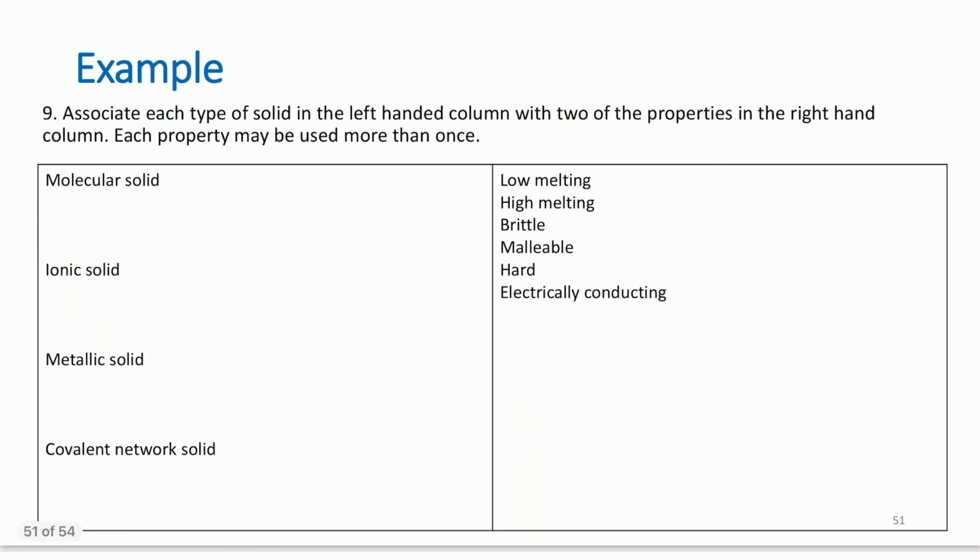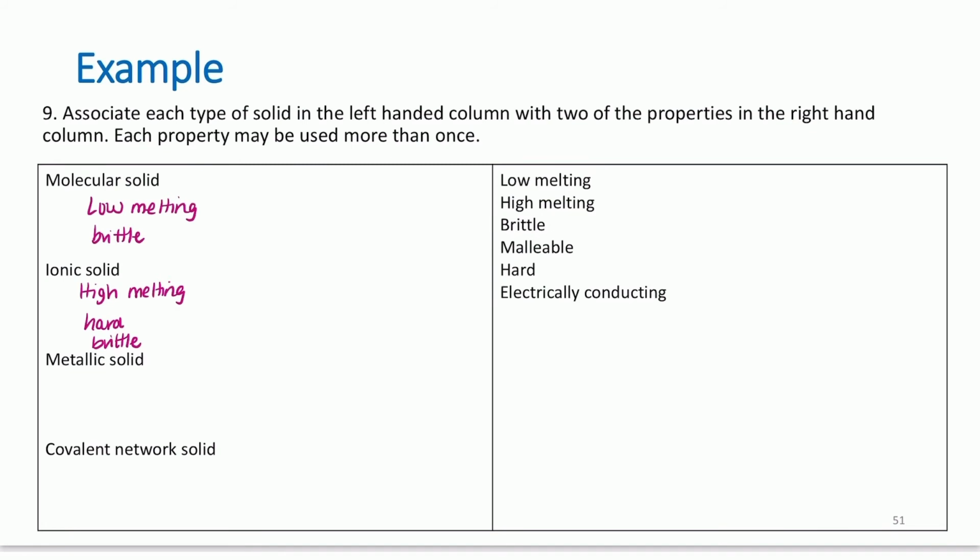Number 9, associate each type of solid in the left-hand column with 2 of the properties in the right-hand column. Each property may be used more than once. Molecular solids are low melting. They're also brittle. Ionic solids, high melting. They're hard, but they're often brittle.